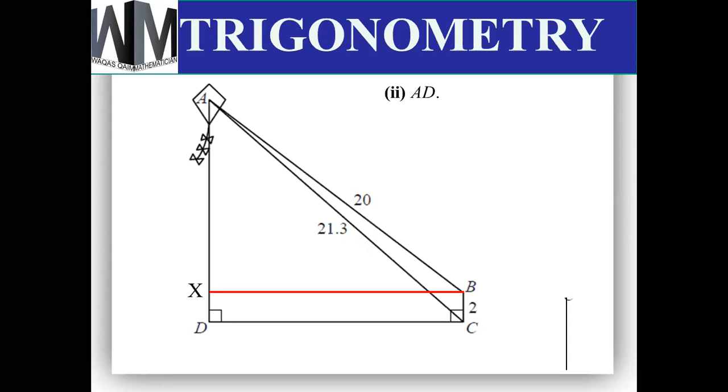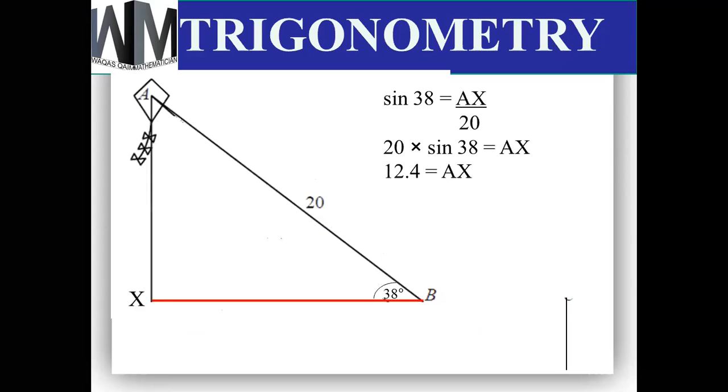That horizontal line intersects line AD at point X. The red line is horizontal to BC, and the entire angle B we have calculated in part 1, which is 128. Now the angle XBA becomes 38, which is 128 minus 90 degrees.